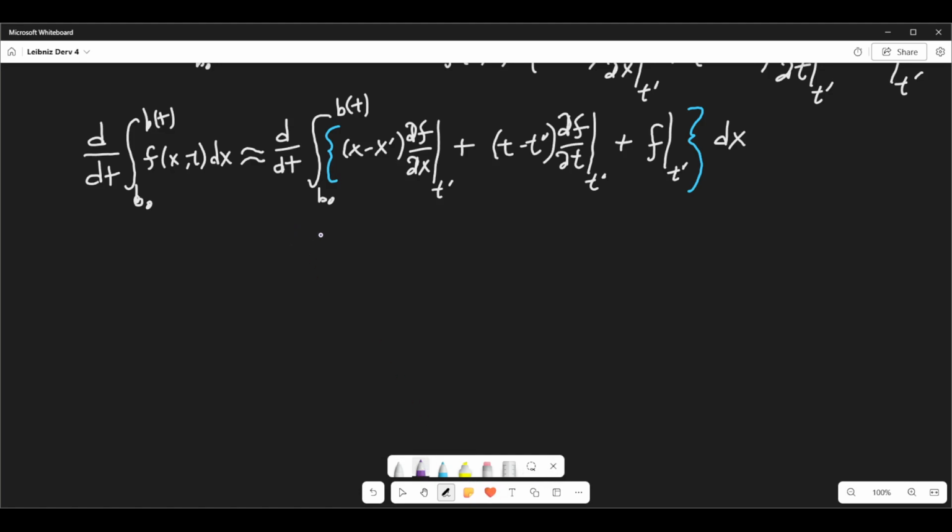There's a point where there's this type of integral from b naught to b of t of t times df/dt evaluated at t prime, which is a constant, dx.